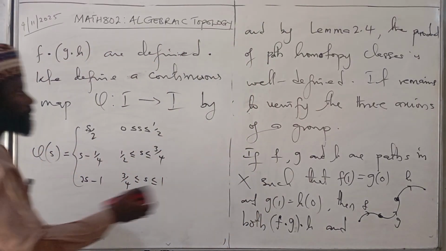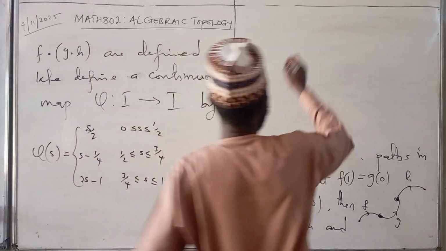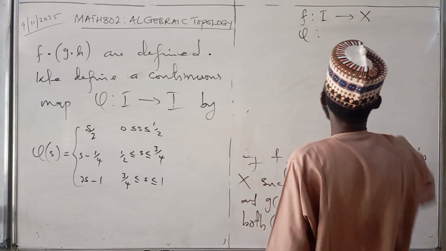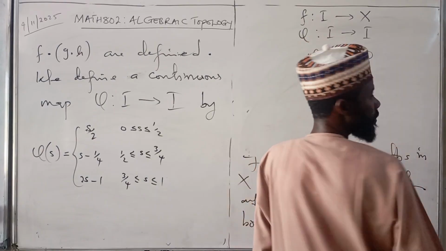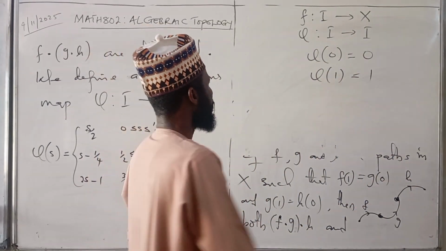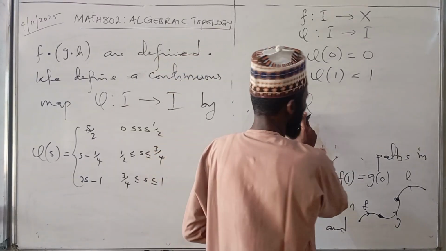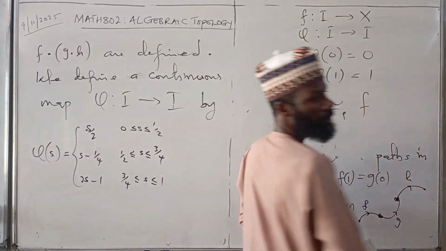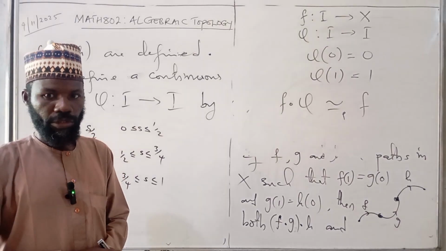We said if you have a continuous function or a path in a space X, and you have a continuous map phi from I to I satisfying phi of 0 is equal to 0 and phi of 1 is equal to 1, so 0 is mapped to 0 and 1 is mapped to 1, then this composite, F after phi, is a reparameterization of F and will be homotopic to F. I'm sure we proved it in one of the previous discussions.